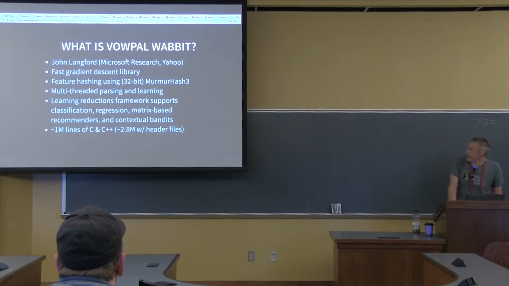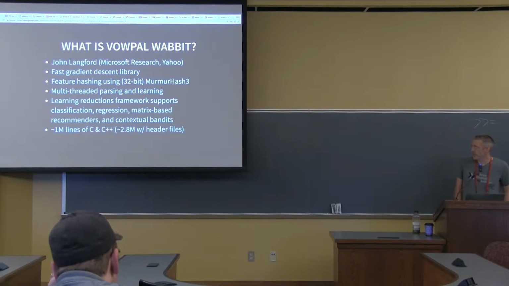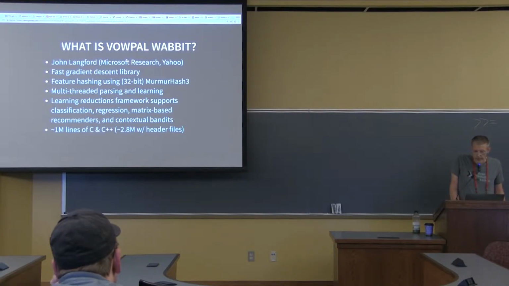So at work we deal mainly with two classes of machine learning problem. One is recommender systems, and the second is contextual bandits. And for contextual bandits, which are a certain kind of specialized form of reinforcement learning, we use a lot of Vowpal Wabbit. Wabbit is a little bit like TensorFlow in the sense that it's primarily a gradient descent engine, but it's several years older than TensorFlow and a little bit more constrained in the sense it doesn't allow user-defined functions.